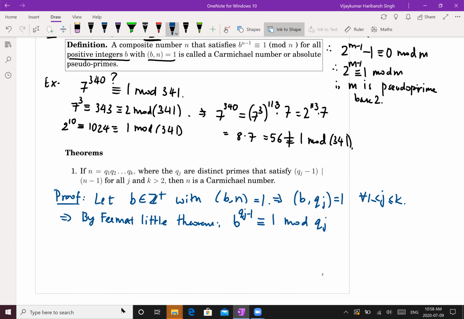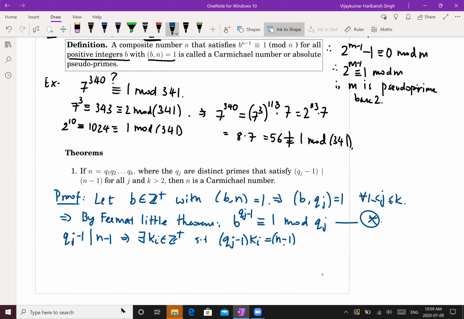Now note that qj minus 1 divides n minus 1, which implies there exists ki, positive because both are positive, such that qj minus 1 times ki is equal to n minus 1.